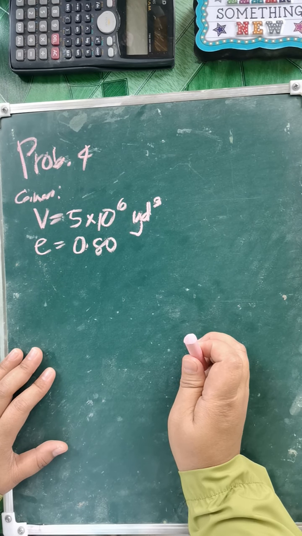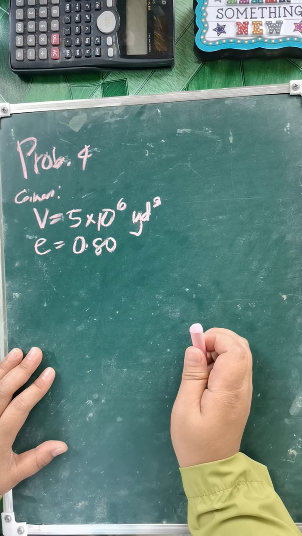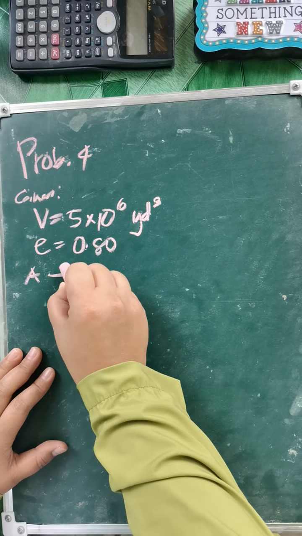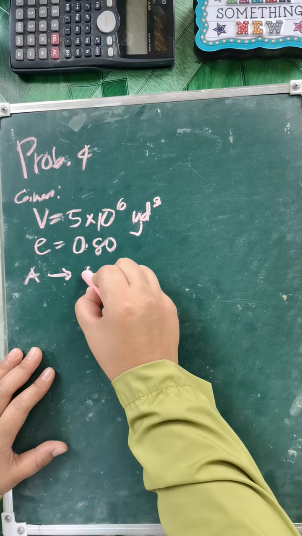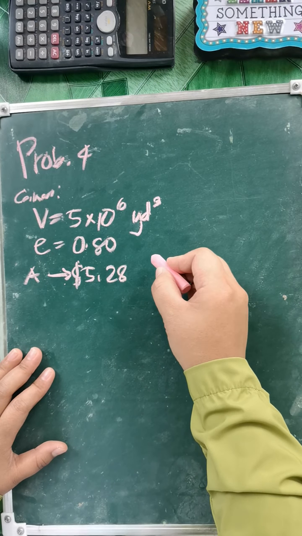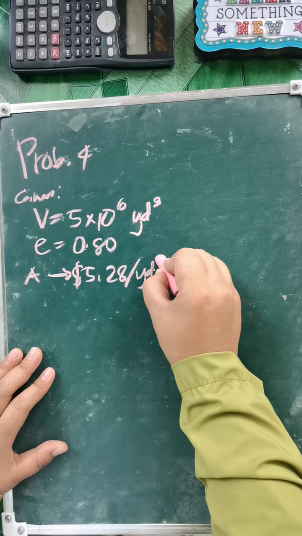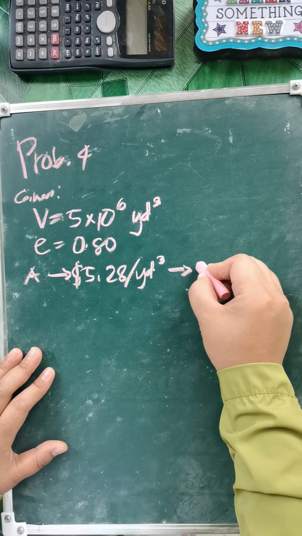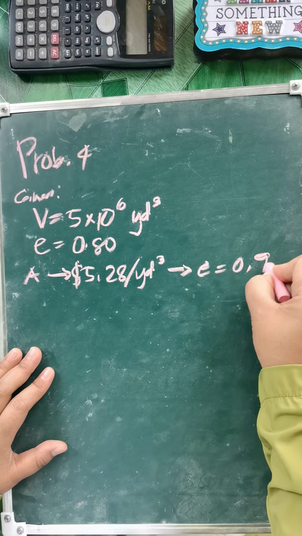Then you have supplier A, and the fill is $5.28 per cubic yard, and the void ratio is 0.90.